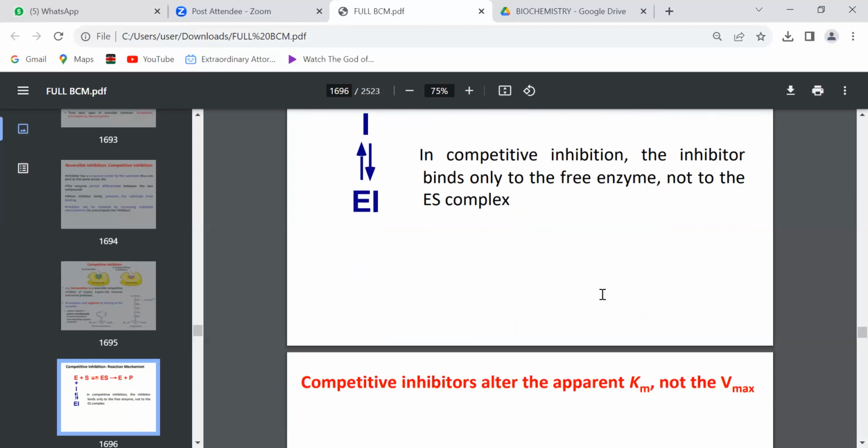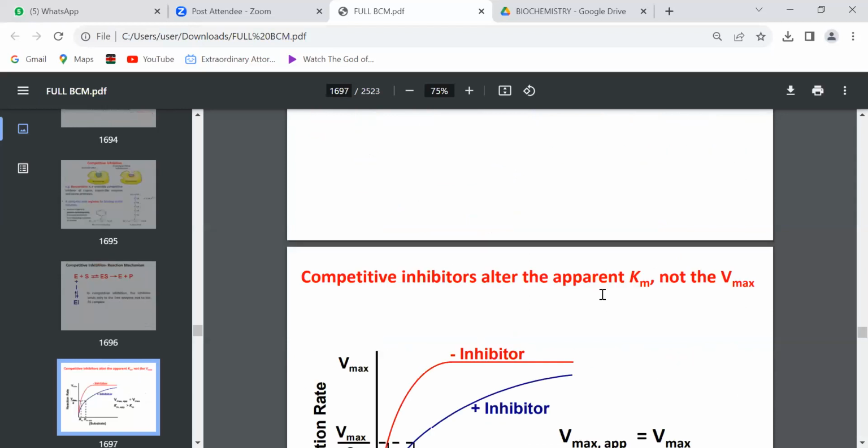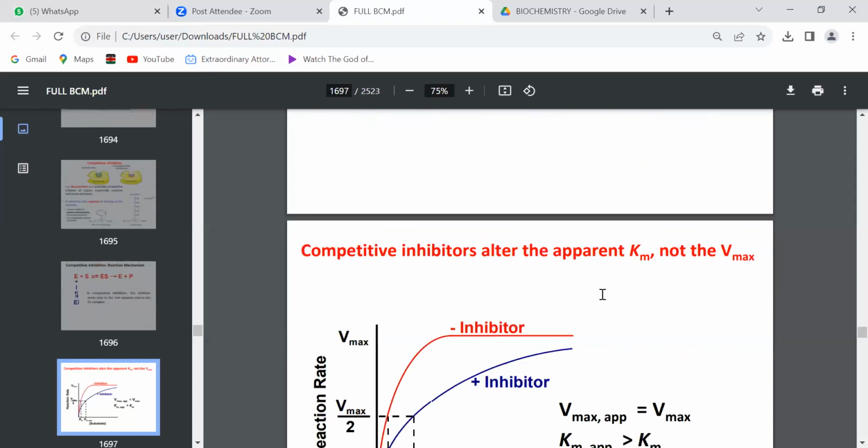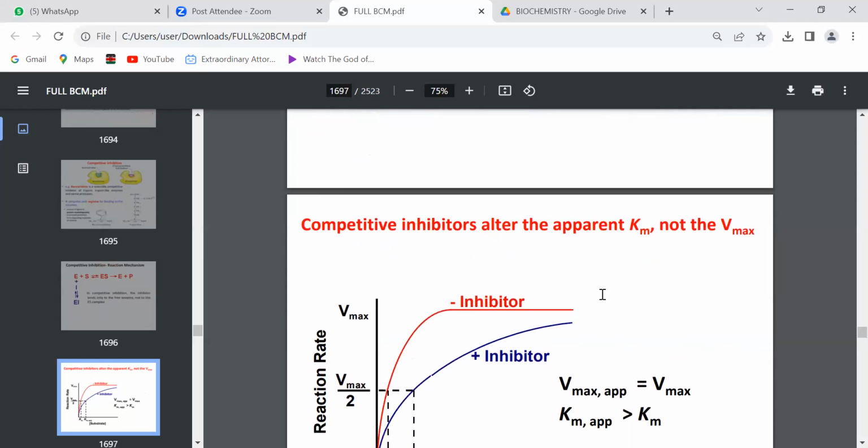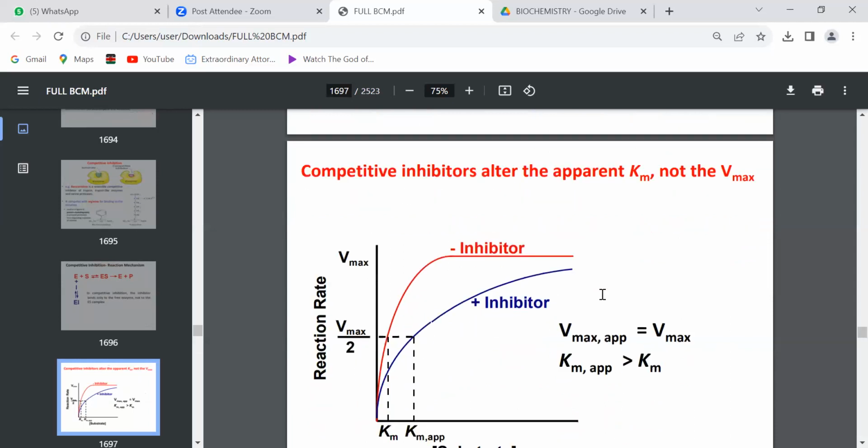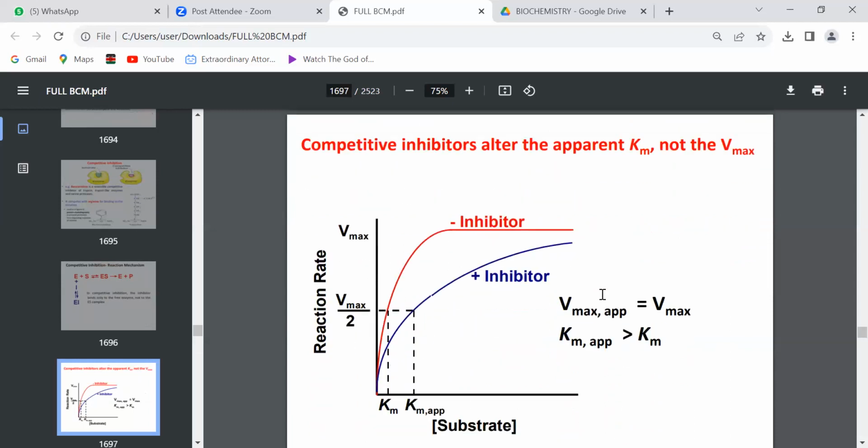When you have competitive inhibitors, they alter the Km of the reaction, but they do not change the Vmax. We said Km is the concentration of the substrate you need to achieve half Vmax.